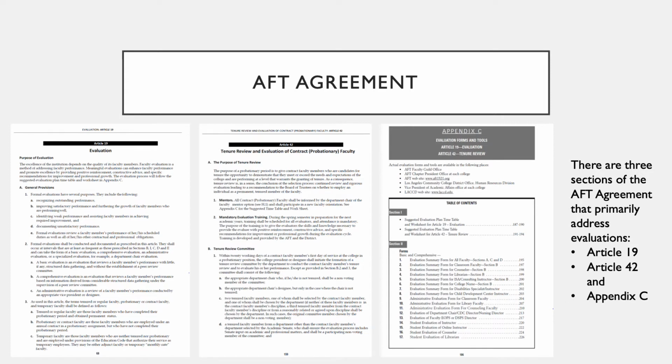Article 19 deals with general faculty evaluations for full-time and adjunct faculty. And Article 42 specifically deals with faculty who are undergoing tenure review or probationary faculty. So those are the two main articles that we deal with. And we'll talk about this later, but under COVID-19, there are some adjustments to how those are carried out.